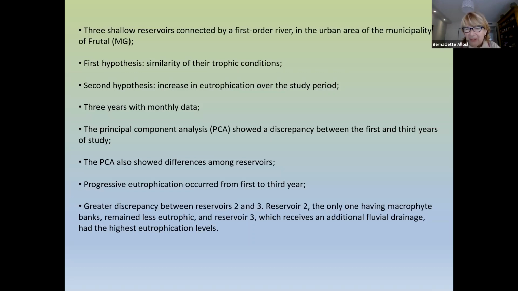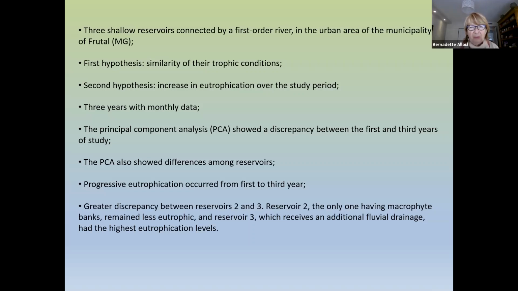Thank you for the nice presentation you have prepared for the Congress. I was wondering, you were looking at three different kinds of reservoirs in the urban area, mainly at water quality and physicochemical variables. You said there is some difference in macrophyte presence or absence among the reservoirs.